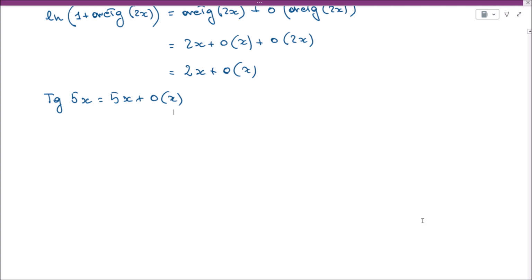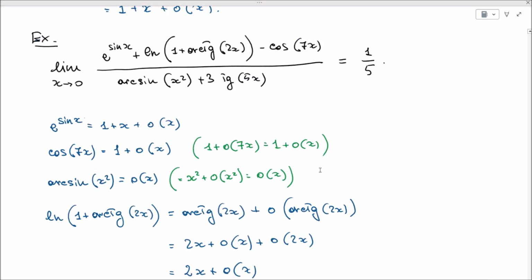Okay, so we are ready now for the replacement. So remember that we had what? Well, first thing is e raised to the sine of x, which becomes 1 plus x plus little o of x. Then we have logarithm, but the logarithm is 2x plus little o of x.